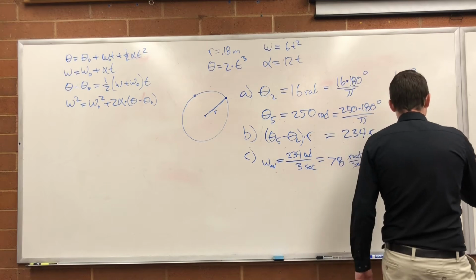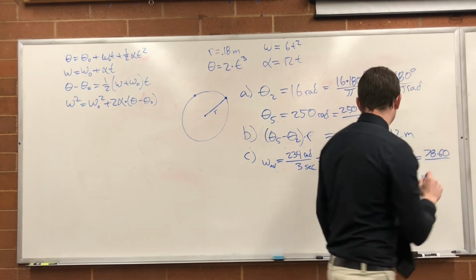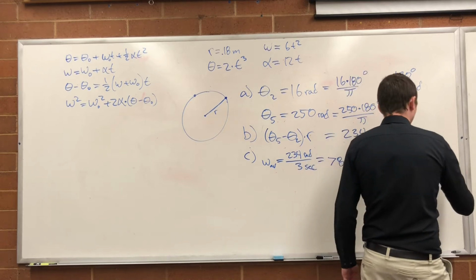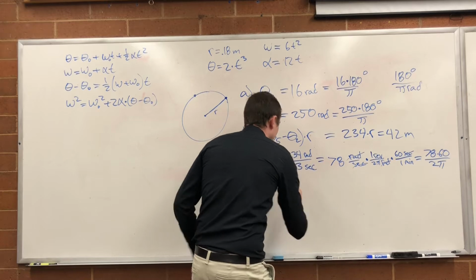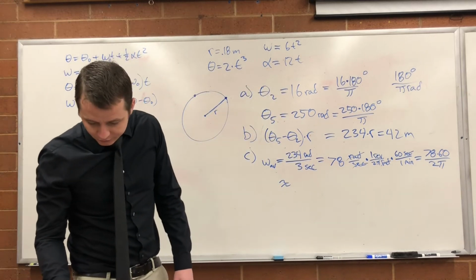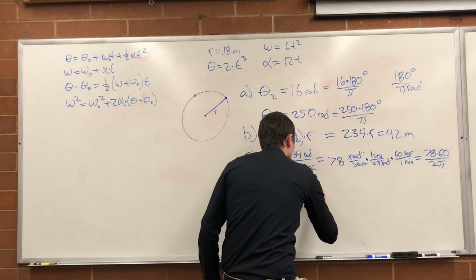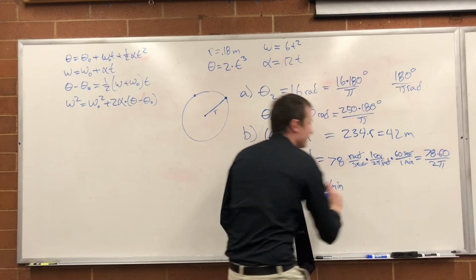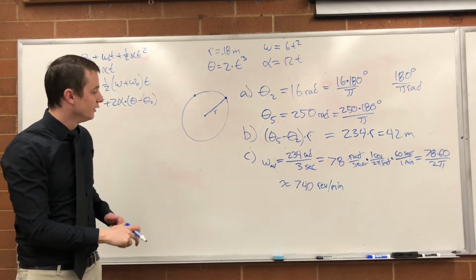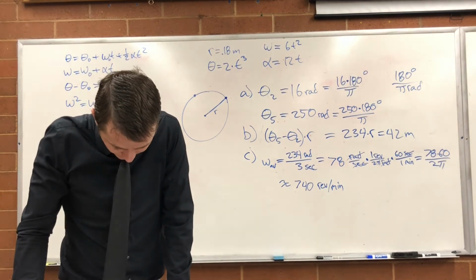So it's going to be 78 times 60 all over 2 pi, which should come out to about 740 revolutions per minute. Okay. Good? Yeah.